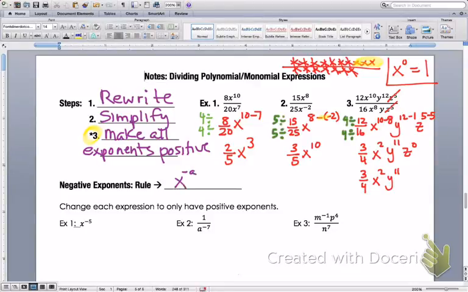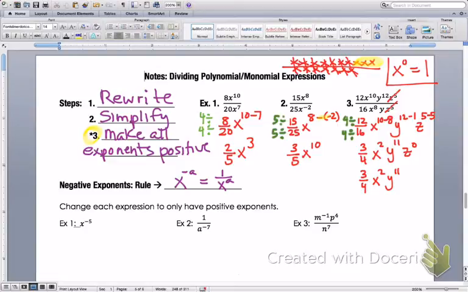We can't put a number, so we're going to put a variable. We can always make it positive by moving its position from the numerator to the denominator, or backwards from the denominator to the numerator. So we just flip it over from one part of the fraction to the other. It makes more sense in use when we get to the examples.